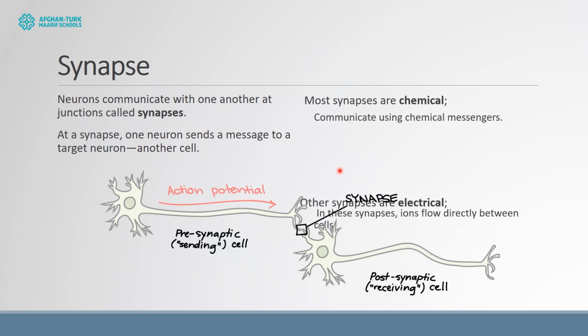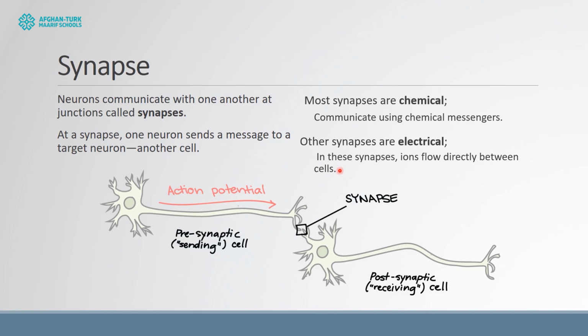We have two types of synapse. The first one is the chemical synapse, which uses chemical messengers while communicating between neurons. The other one is the electrical synapse, which uses ions in order to convey the message from one neuron to another neuron.